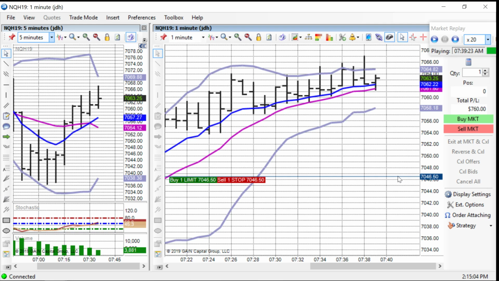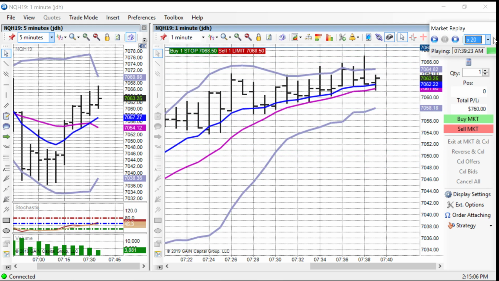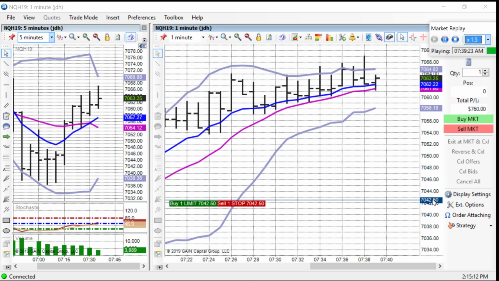I'll just bring it down and see if it does break out. It could. Sometimes these can continue forever, so you never really know. And we'll see if we get a break to the top here. Otherwise, it's extremely boring right now.